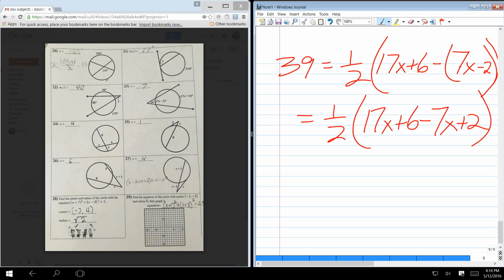So by adding the parentheses, we got the correct sign on this +2. Without the parentheses, we're getting the wrong sign and we're missing the problem. So this is a very important set of parentheses to add. In fact, frequently when you're subtracting a quantity, this time the quantity 7x minus 2, always add the parentheses for clarification if nothing else.